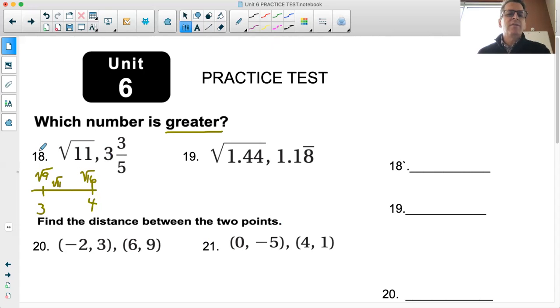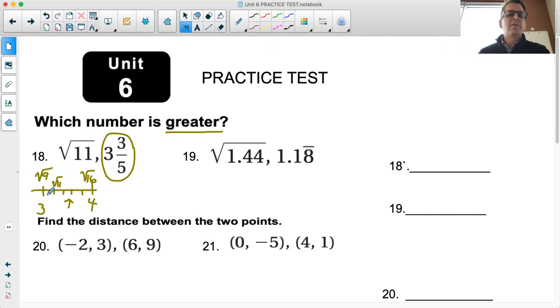If you look at this on which one is greater, it's fairly simple to see that 3 and 3/5 is going to be located right about in here. And 3 and 3/5 would then be the greater number.